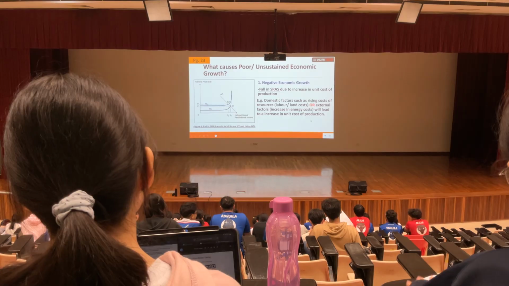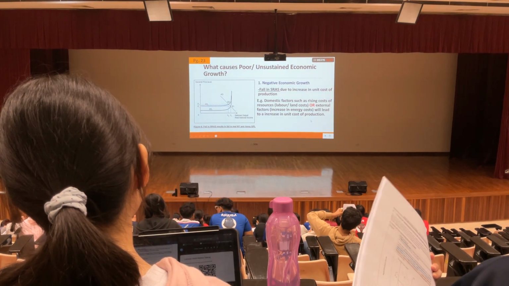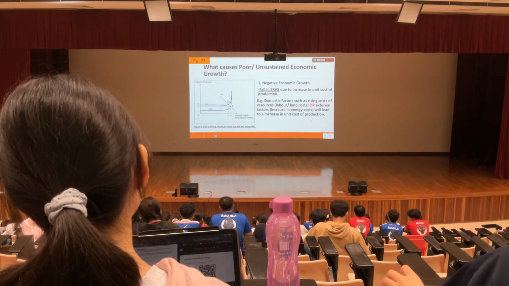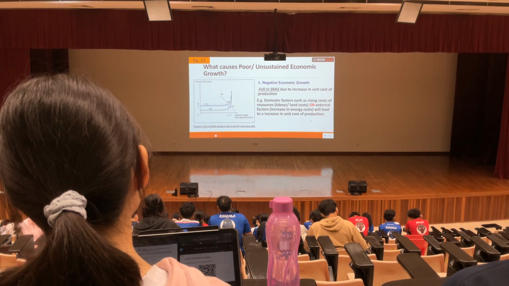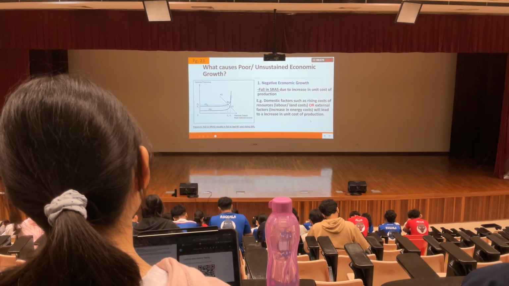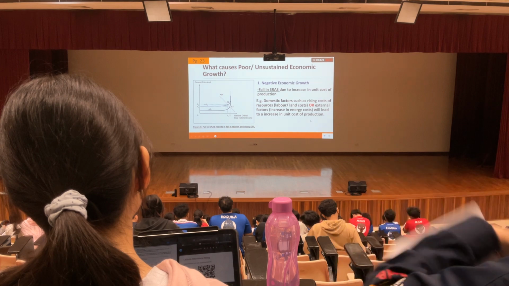So when there's a fall in SRAS, it affects the horizontal range of your AS curve. Your AS would shift leftwards and upwards to AS2. So a fall in SRAS will also mean that you have a negative economic growth.